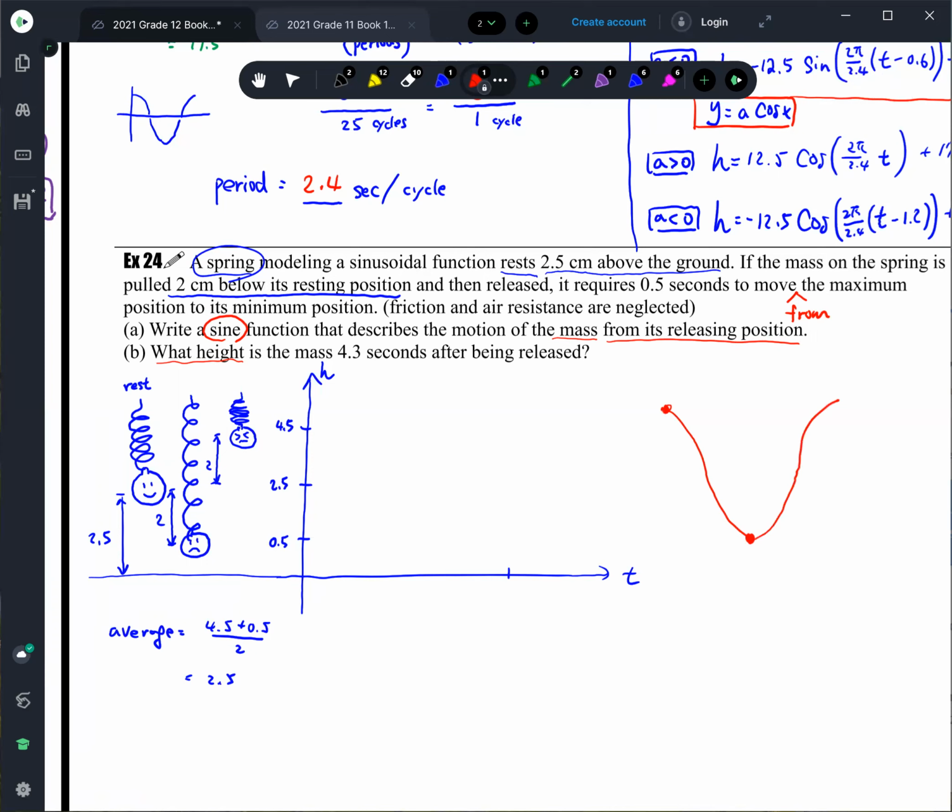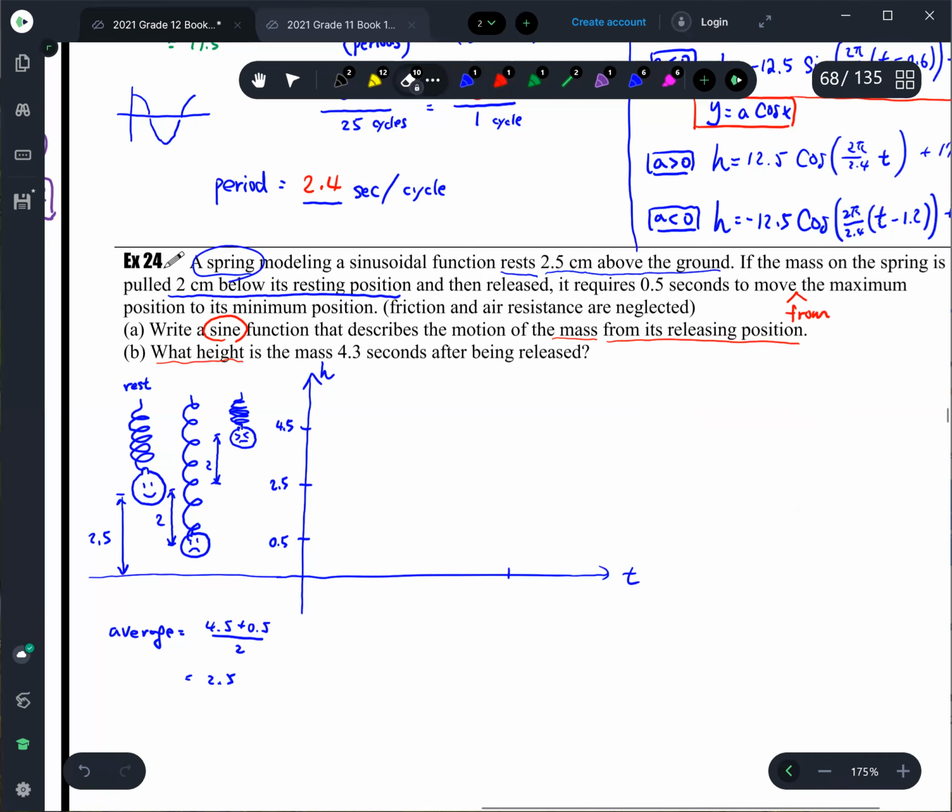Maximum to minimum is half the trip, one way, right? You have to come back, then it takes another half a second. So it takes a full 1 second to complete one cycle. You can put 1 second here, right? And 0.5 second, it's halfway, right? Maximum to minimum, okay?